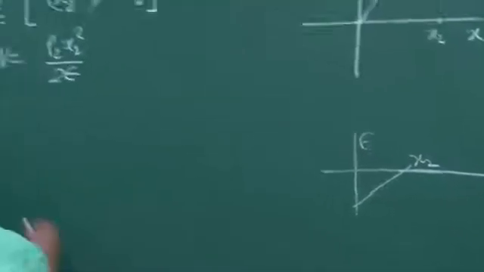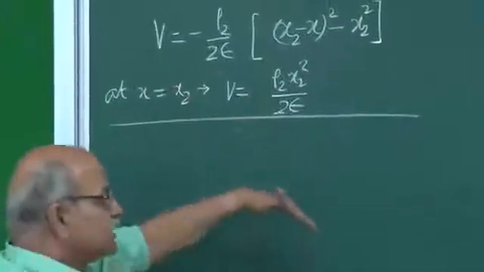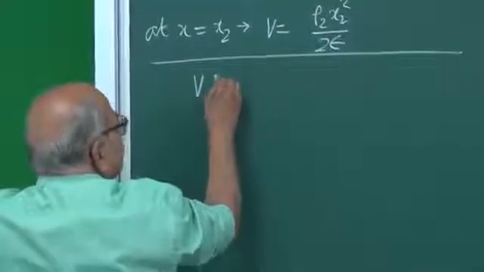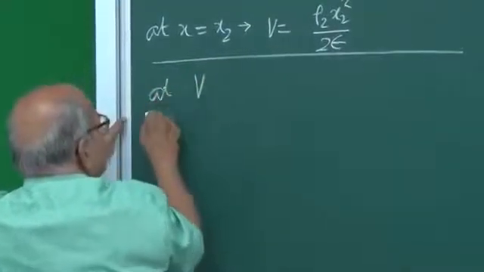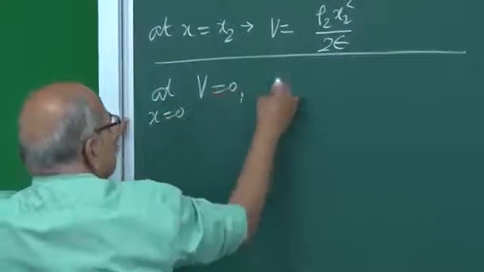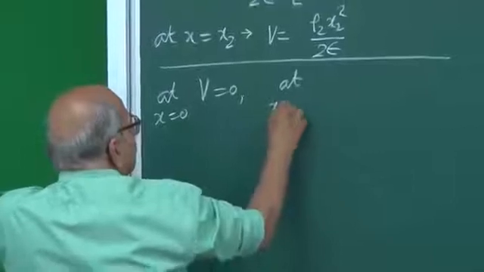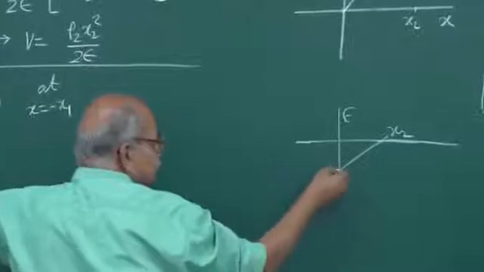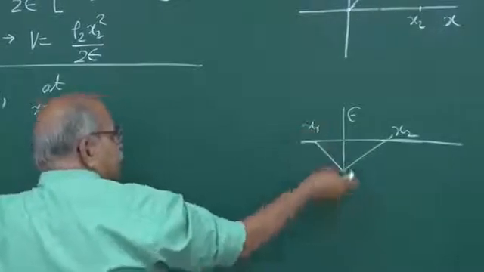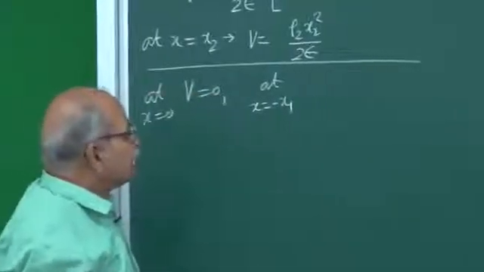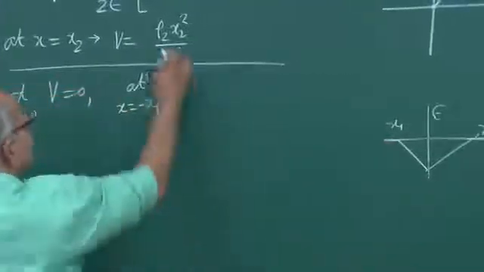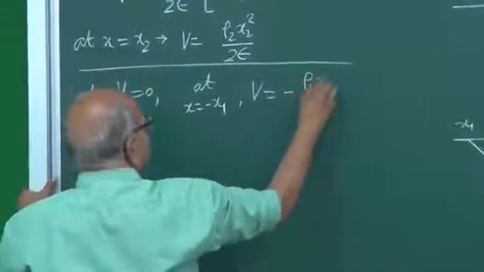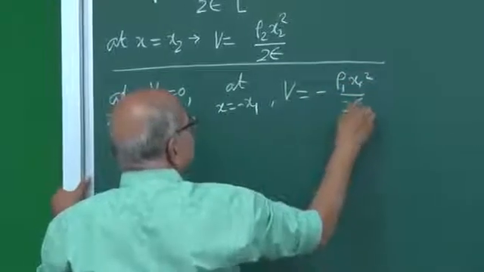X less than 0, if you write, is the same algebra, identical, and this v will be at x equal to 0, we have taken v equal to 0 anyway, and at x equal to minus x1. It should be quadratic. Remember, the electric field is just of this kind, so linear, so it has to be quadratic, and at this point, you can take the similar expression from here, v is minus rho 1 x1 square by 2 epsilon.